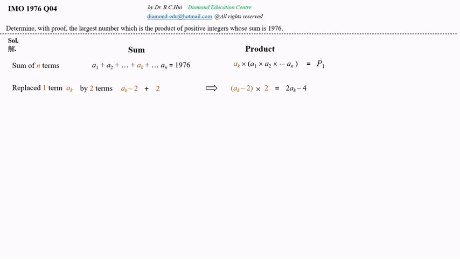Then the product of these two parts, ak minus 2 and 2, is 2 times ak minus 4. If ak is a value larger than 4, then 2 times ak minus 4 is larger than ak. So, by such division, we get a larger product, since (ak minus 2) times 2 is larger than ak.